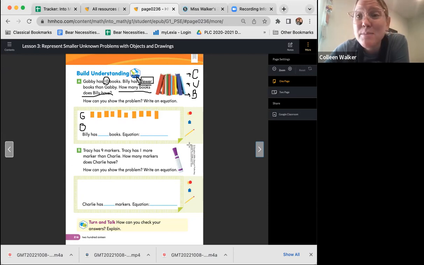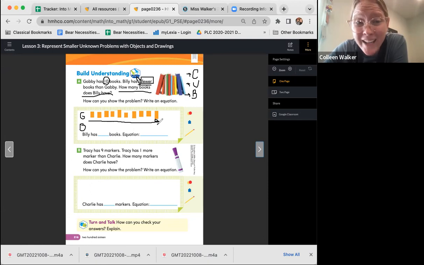Awesome. And it says Billy has 3 fewer books than Gabby. So I have a question for you. Does that mean that when I draw Billy's books, I'm going to draw the same amount as Gabby? What do you think?